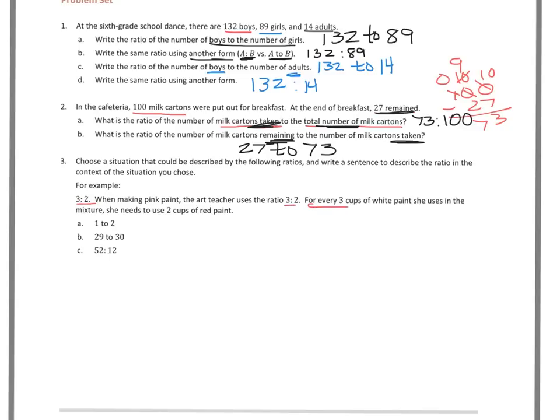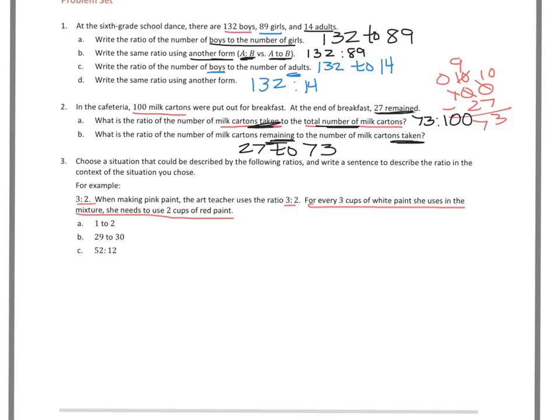So for every 3 cups of white paint she uses in the mixture, she needs to use 2 cups of red paint. So I'll do some of these, and again, what I put down, you might put something a little bit different, which is perfectly okay, because it's how you're interpreting the ratio.